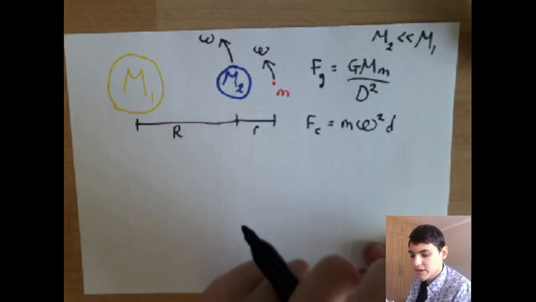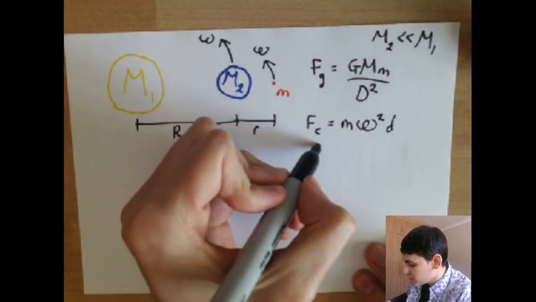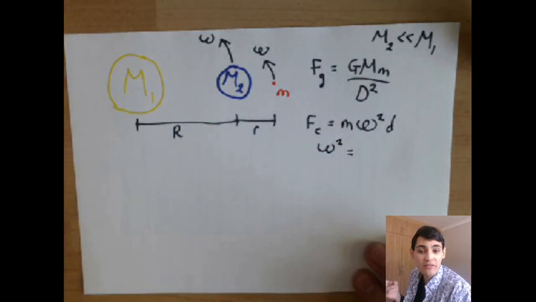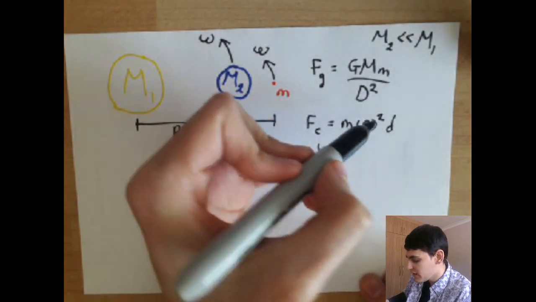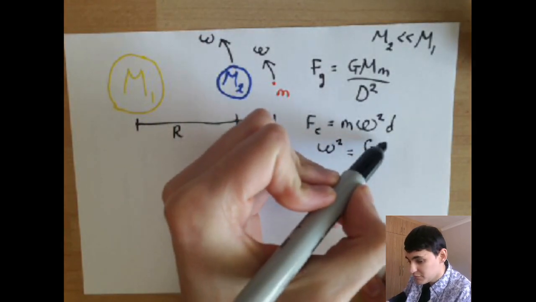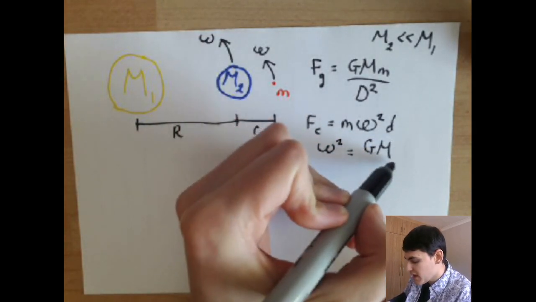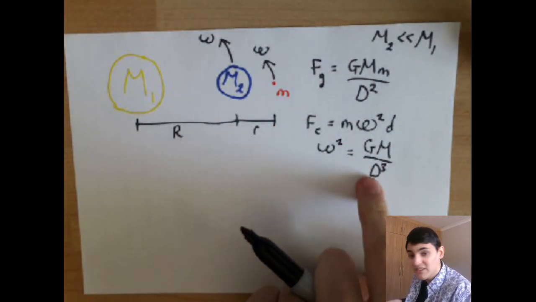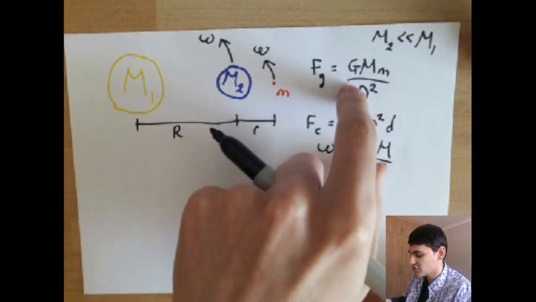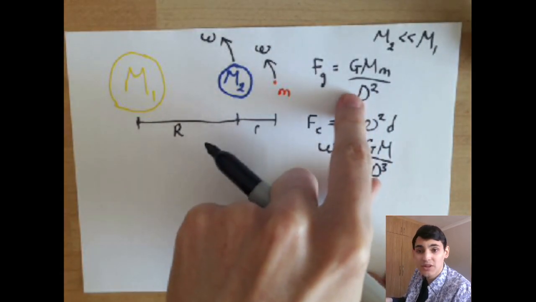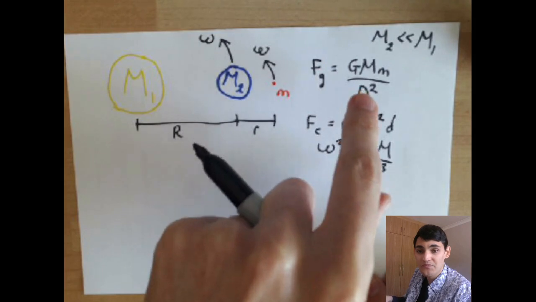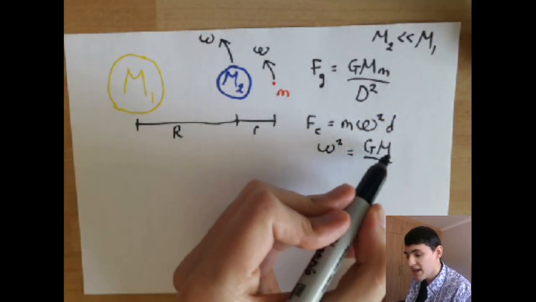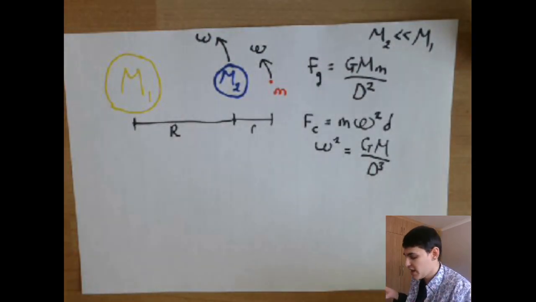And we actually have a formula for omega squared in a gravitational system. That is given by big G big M over d cubed, where big D here is the distance to the body of orbit, and big M is whatever that large body is.